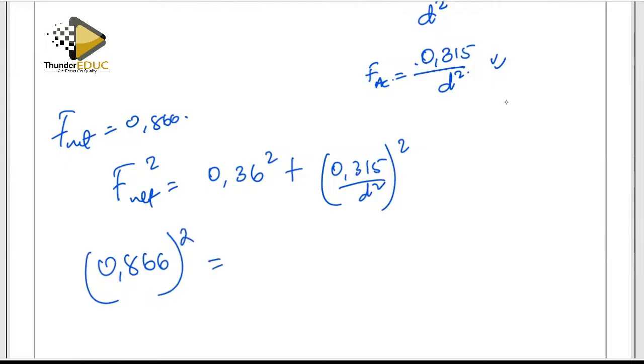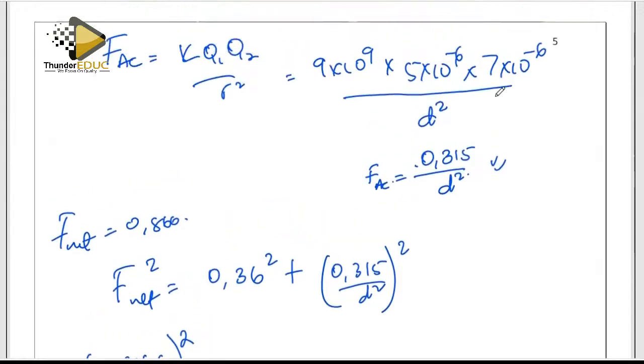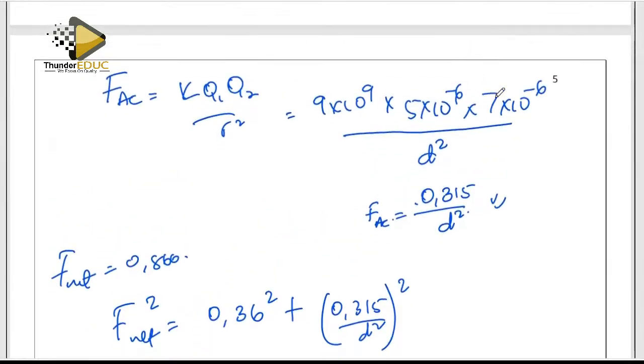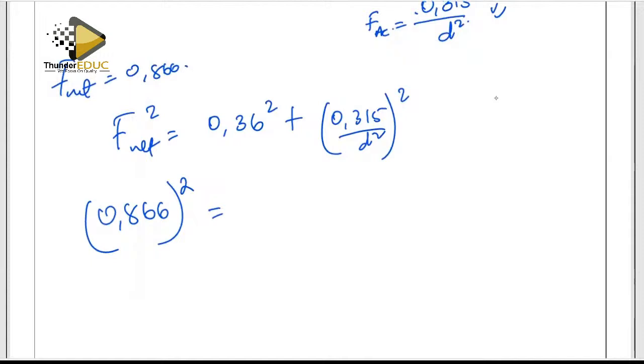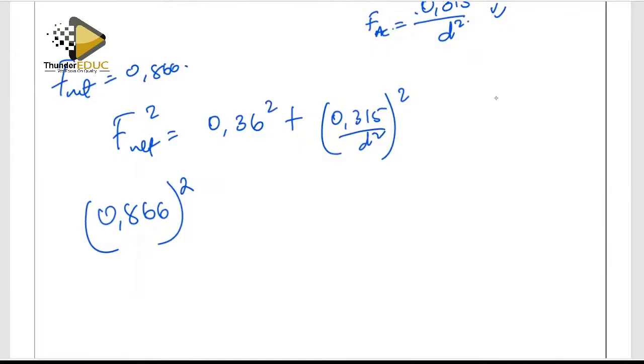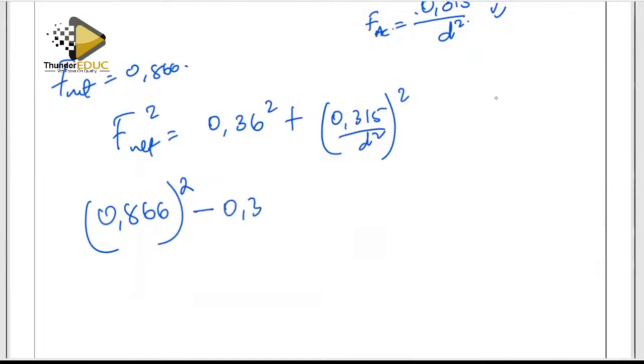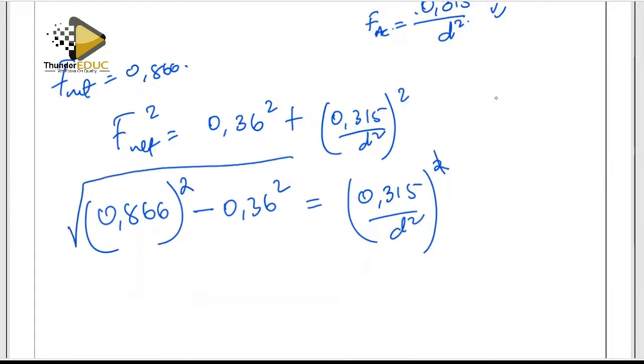Why don't I just subtract once so that we save time? So minus 0.36 squared must give us the 0.315 over d squared. Everything is squared. So for me to get rid of this square, I need to find square roots on either side. Okay, so let's punch that and see.